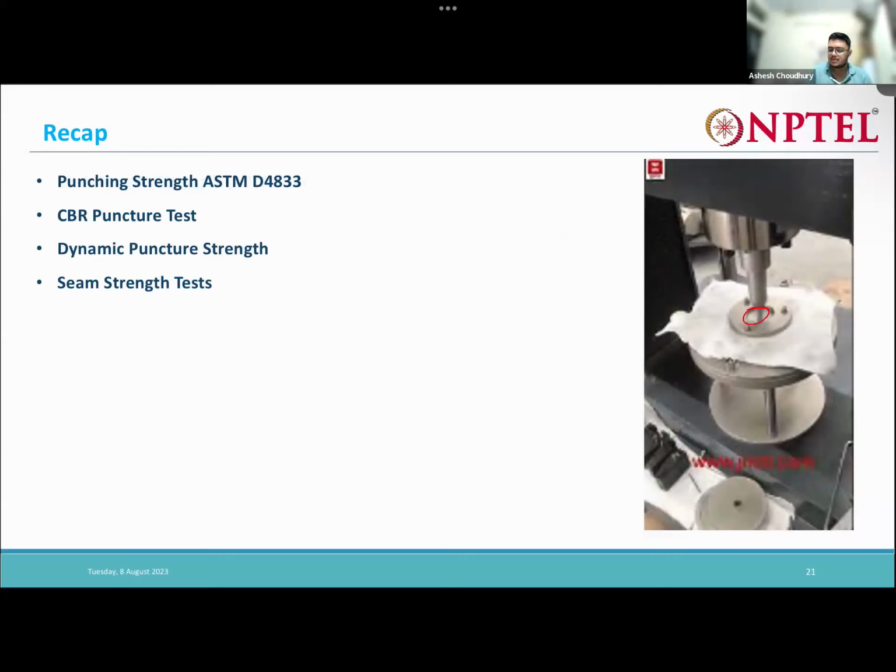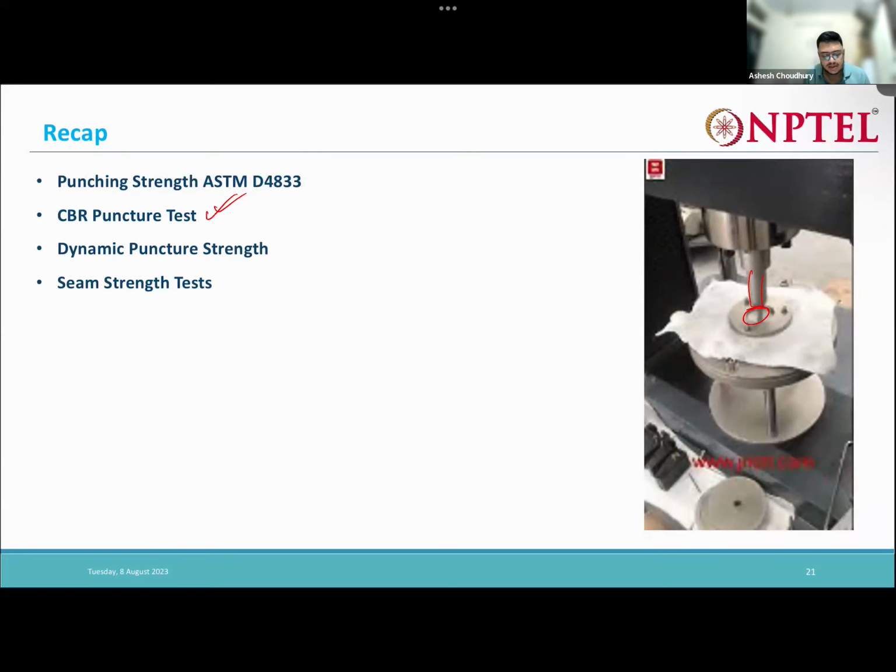We have this geosynthetic material here, and we have this plunger. The plunger is slowly pushed into the geosynthetic material, and the load is measured. The CBR puncture test is one more punching test where the CBR mold and the CBR plunger are used.